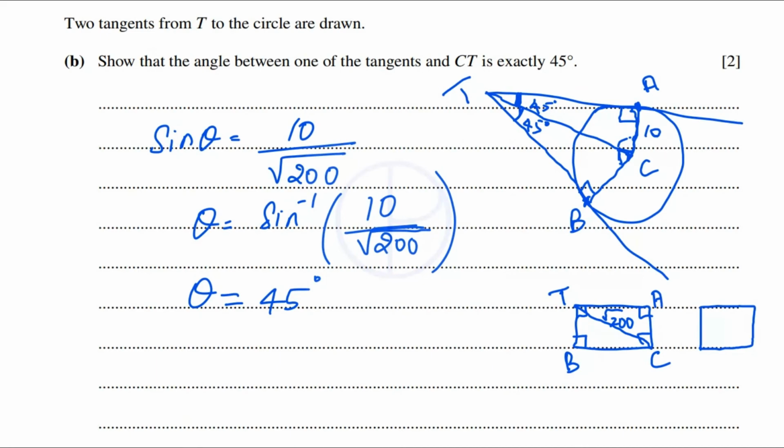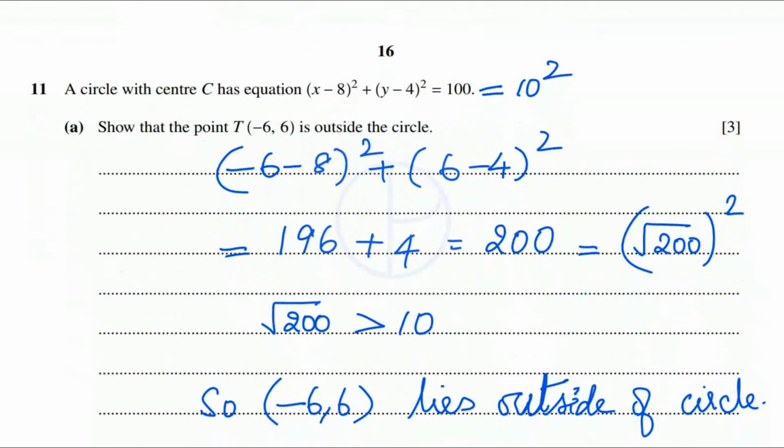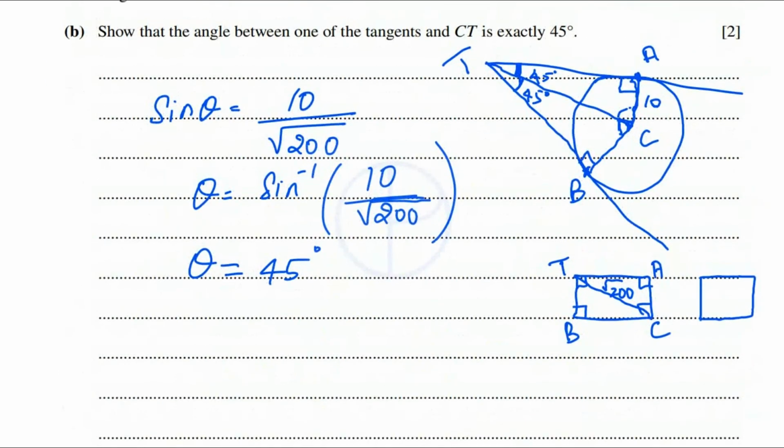And what are AC and BC? AC and BC are the radius of the circle, which is 10. So this is 10 and this is also 10.